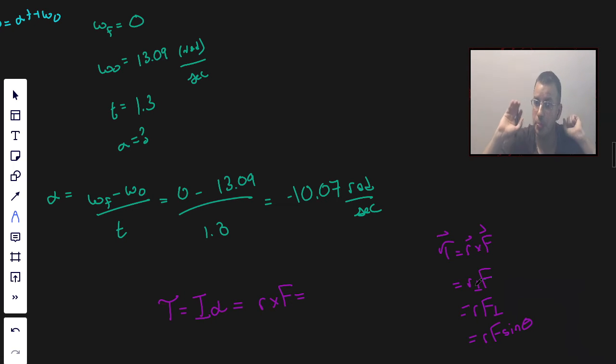And since the vectors are perfectly perpendicular, torque is just radius times force.